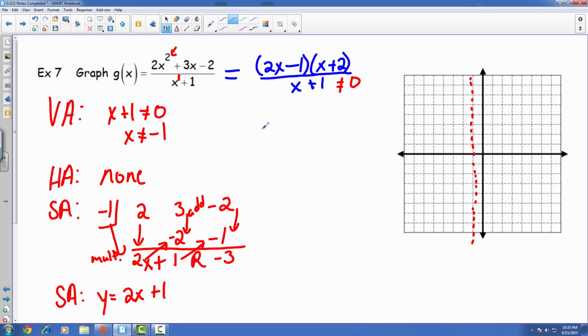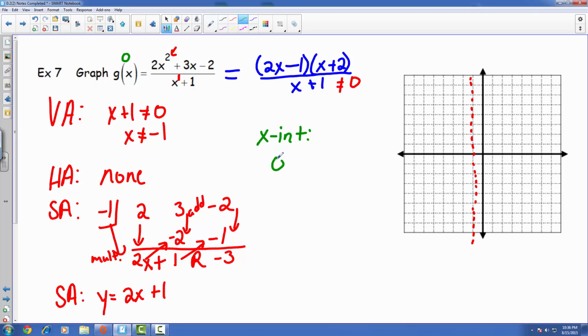Now let's go on to finding our x-intercepts. We found those in the past. Let's find those again. For our x-intercepts, all we have to do is set our g of x equal to 0.